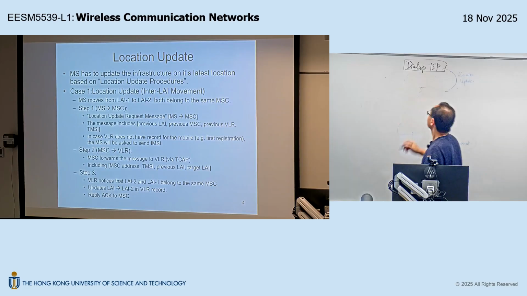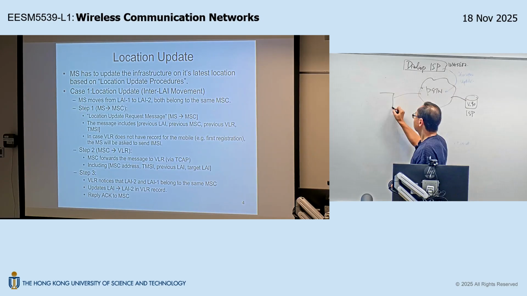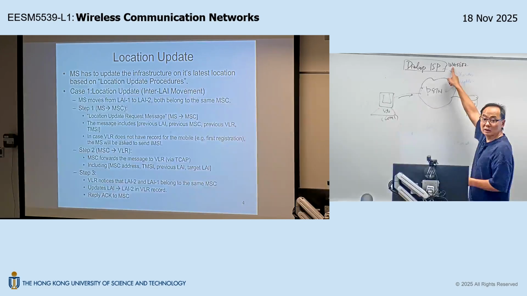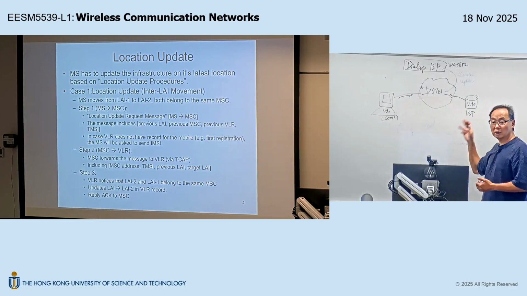This location update request originates from the MM layer in the mobile station and terminates at the MM layer at the mobile switching center. This message will include the previous location area, LA1, the previous mobile switching center address, the previous visiting location register address, and the TMSI, temporary mobile subscriber ID.